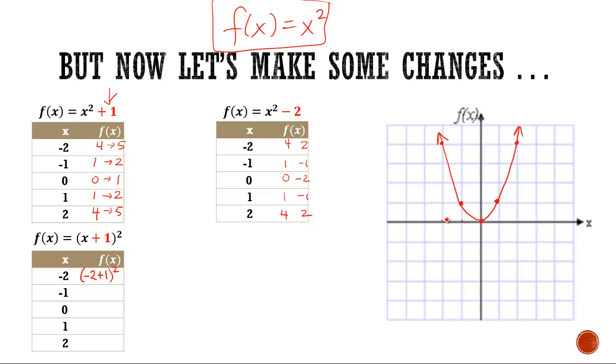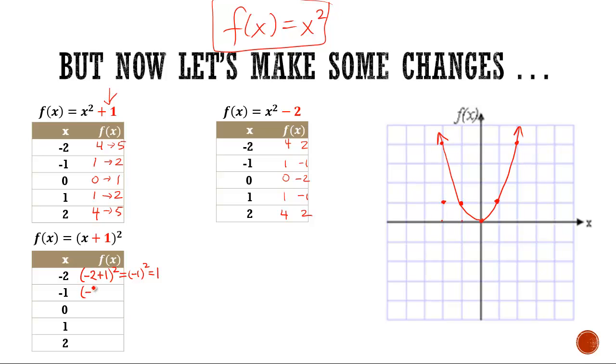So that's going to cause a left and right shift. But which way is it going to go? Do you think it's going to go right or left? Well, let's see. This will give us -1 squared, which will be 1. So at -2, it's going to be whatever it should have been at -1. So it's actually shifting left.